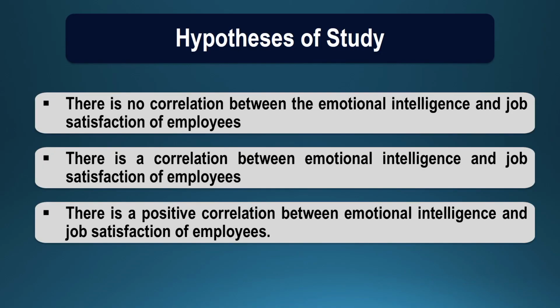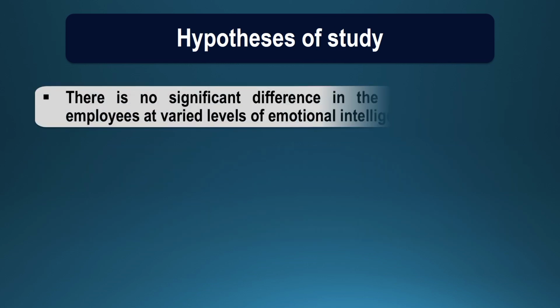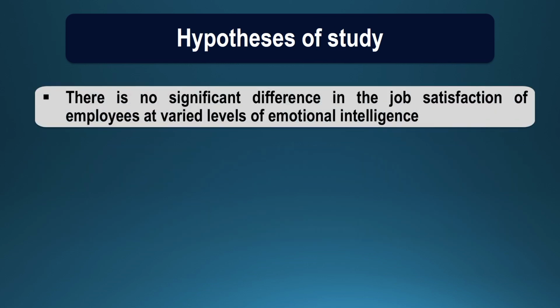Likewise, if your hypotheses are with respect to the comparison between two or more than two group means, then the null hypothesis would state there is no significant difference in the job satisfaction of employees at varied levels of emotional intelligence.